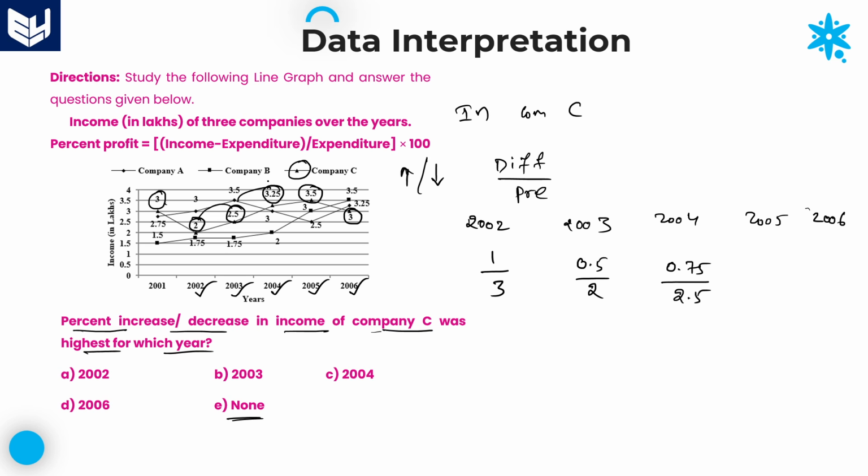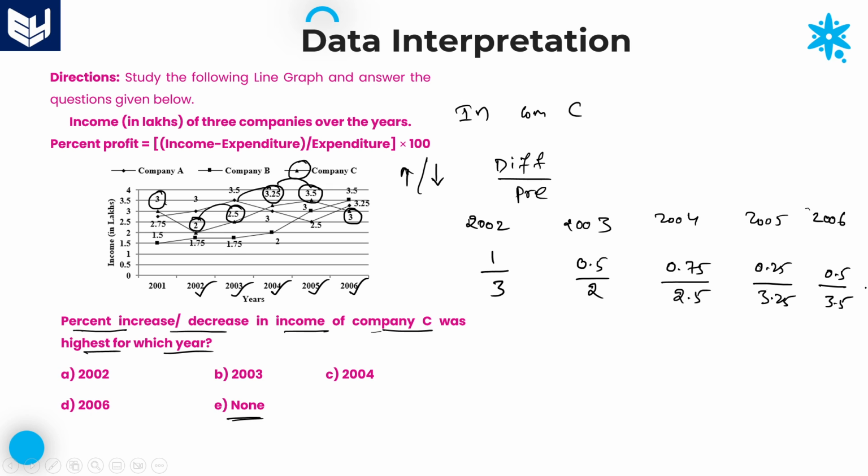And next one, the difference is 0.25 divided by previous year value 3.25 in the year 2005. And last one, it decreases. Here the difference between 3.5 and 3 is 0.5, divided by previous year value 3.5.